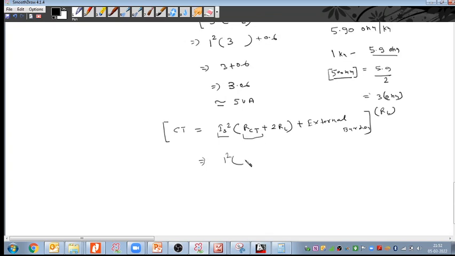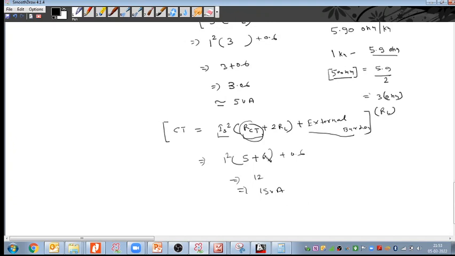Suppose they have 3 ohm or 4 ohm, or 5 ohm, that we need to take from the CT manufacturer, plus the 2RL, that is 2 into 3 is 6, plus 0.6, that we have done in the calculations, right? So what will happen, this 11 plus 0.6 means 12 ohm, which means we have to take the 15 VA burden here. If I include that, because RCT's value is high, it comes as a high burden. So 15 VA is required in that case.